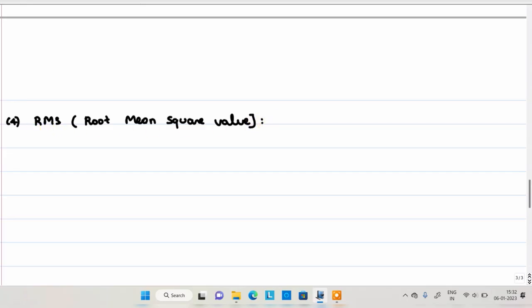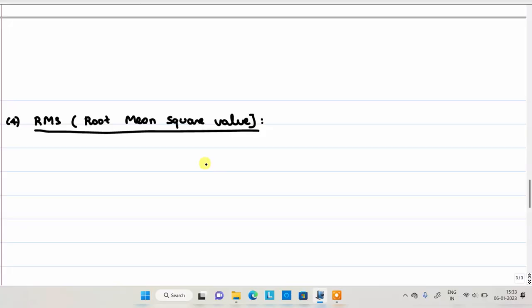In the examination you don't need the definition, though they may ask it by chance, but concepts and formulas are important. That's why I will give you the RMS value concept directly.